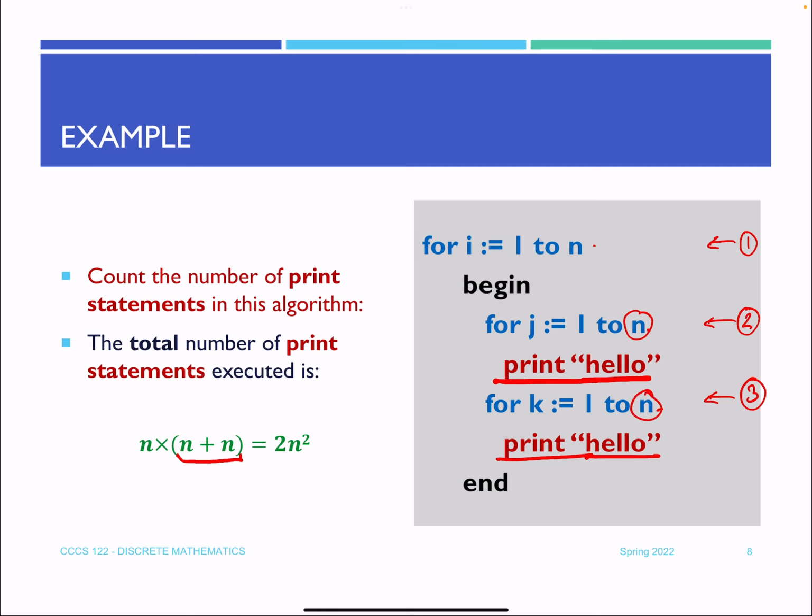So n plus n. This is for loop 2, this is for loop 3. But all of this is happening inside the outer first for loop. And that itself is running n times. So the answer is n times (n plus n). Or simplified, it becomes 2n squared.